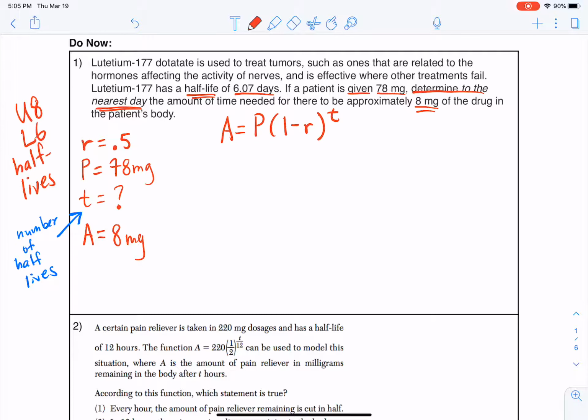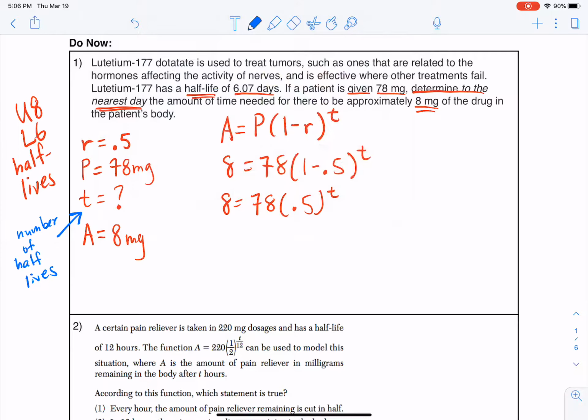Okay, so I'm going to use this information to rewrite my equation. I'll have 8 equals 78 times 1 minus 0.5 raised to the power of T. I'm just going to simplify that equation a little bit further, and I would have 8 equals 78 times 0.5 raised to the power of T. Okay, so I'm going to want to isolate the exponential part of the equation.